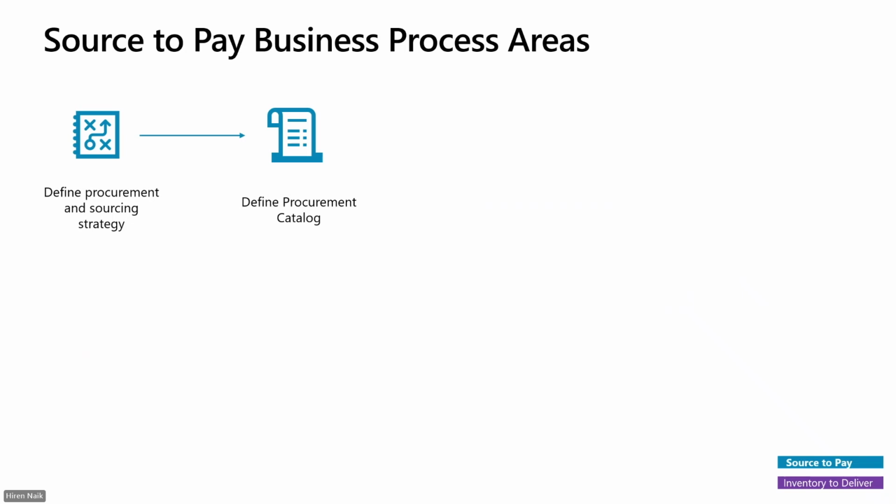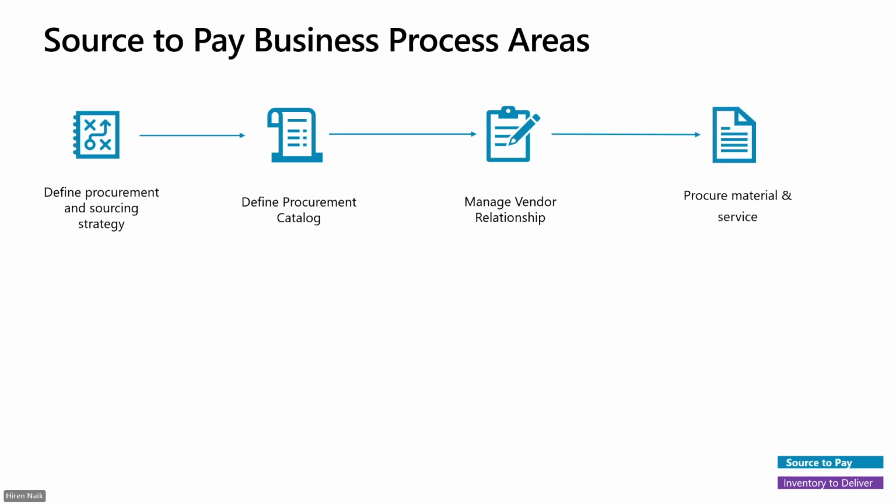Manage vendor relationship. This business process area involves managing vendor relationships by identifying and selecting qualified vendors, negotiating contracts, monitoring vendor performance, and maintaining positive relationships. Procure material and services. This business process area includes creating purchase requisition, request for quotation, purchase order, and purchase agreement.